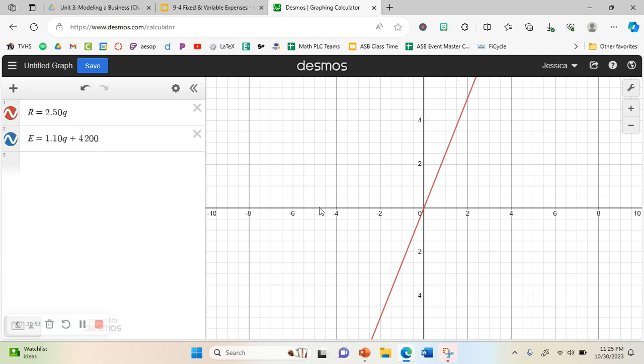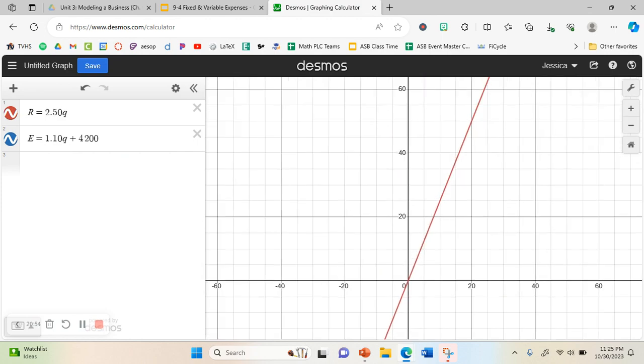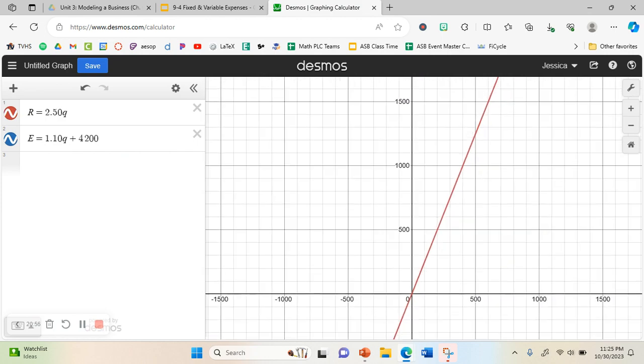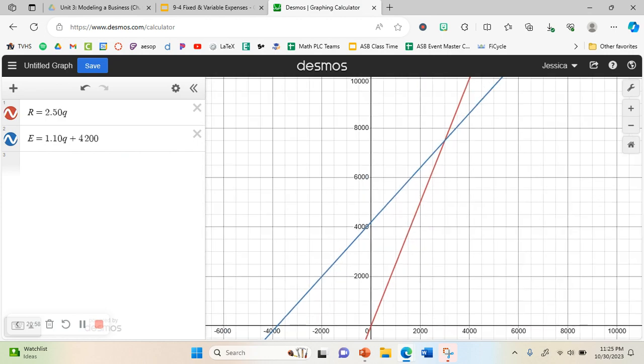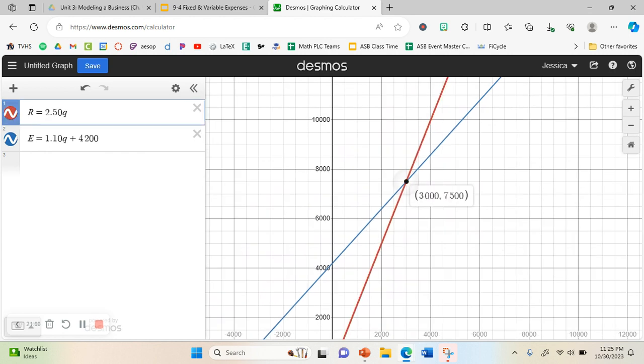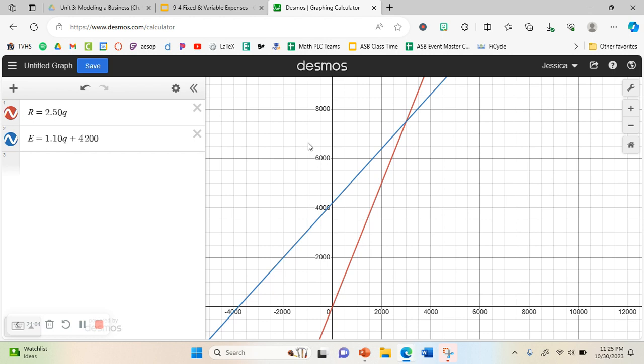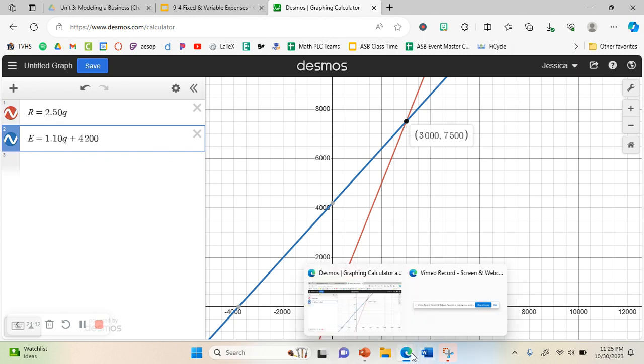You'd have to type it in and then zoom out on Desmos, and eventually there's two of the lines. So this is what I did. I just touched the graph and you can see where they are equal to one another. That is the break-even point right here. But I'm not interested in the break-even point anymore.